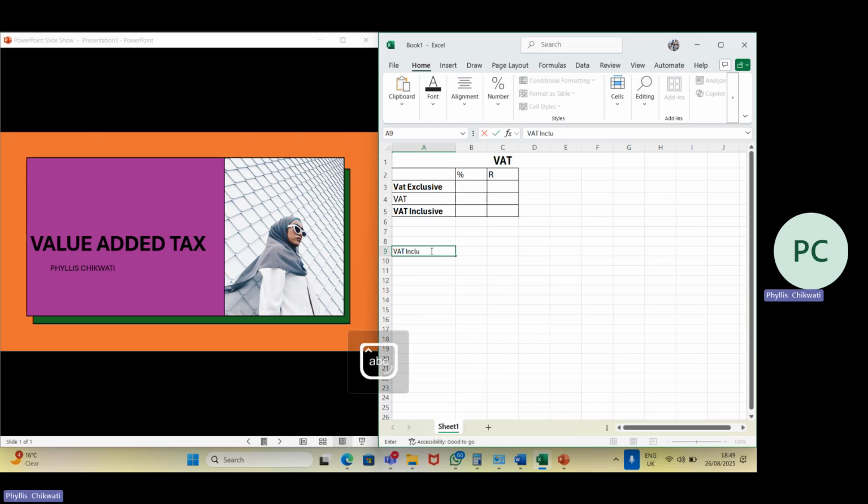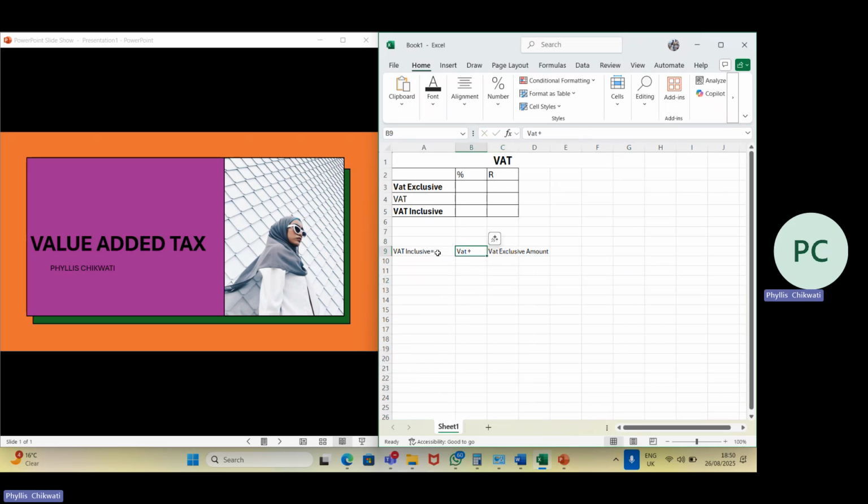VAT inclusive amount is equal to your VAT portion plus your VAT exclusive amount.